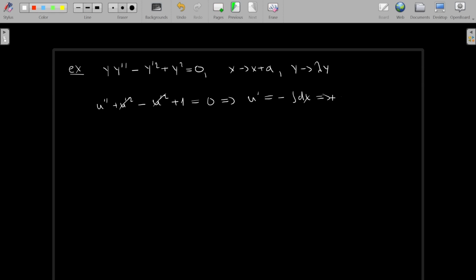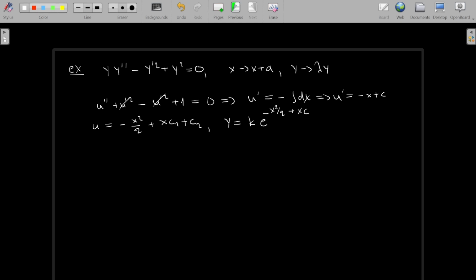Meaning that u prime is just minus x plus a constant, or u is just minus x squared over 2 plus x plus a constant plus another constant. And finally, the function we are seeking is some constant e to the minus x squared over 2 plus x.